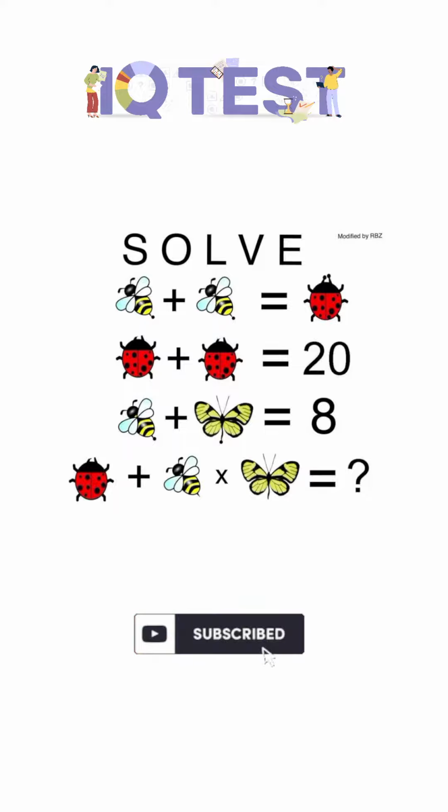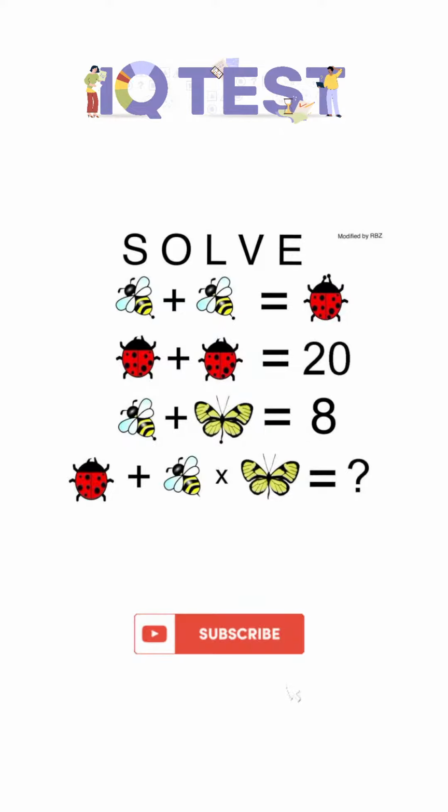We have 2 bees is equal to 1 ladybird, or the red bag. Then twice the red bag is equal to 20. So it means the red bag 1 is 10. Then we have the bee plus the butterfly is equal to 8.